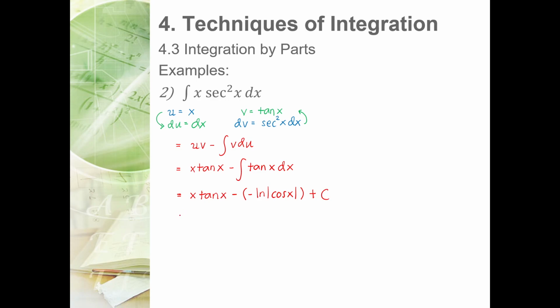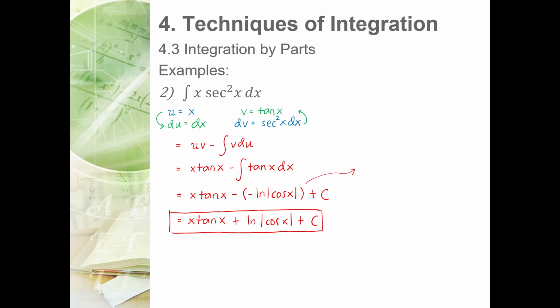All right, so this becomes x tangent x plus ln of cosine x plus c. If you're going to verify this one in Symbolab, I think the answer in Symbolab is ln secant.